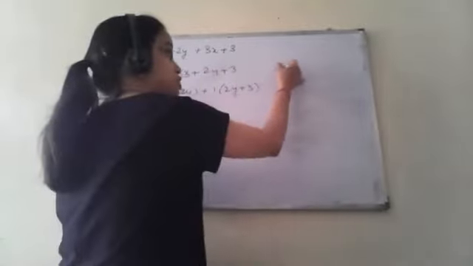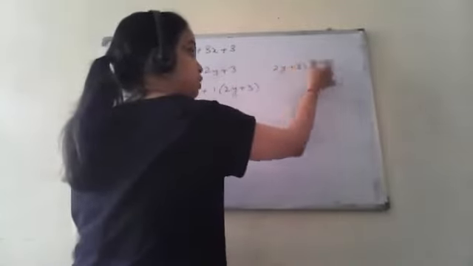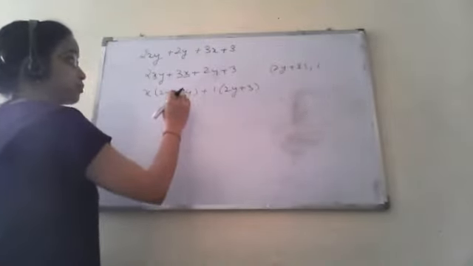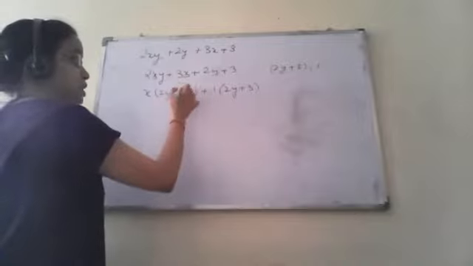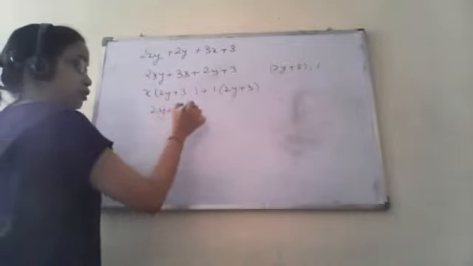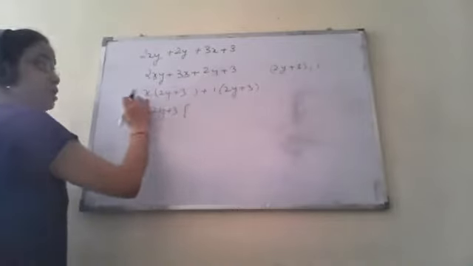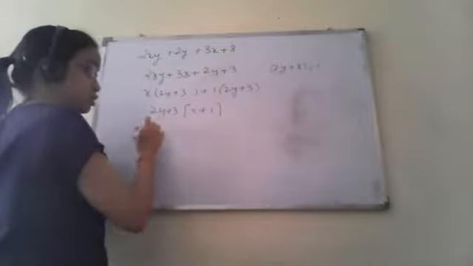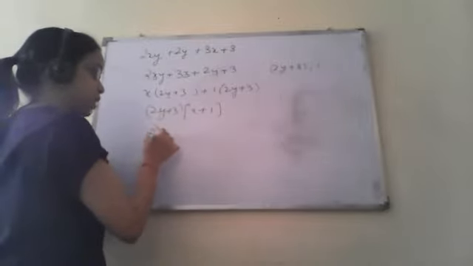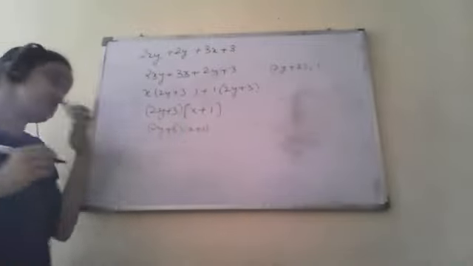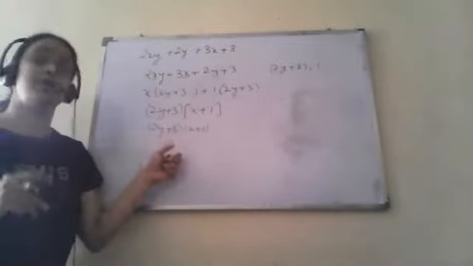Now this 2y plus 3 is common in both the terms, so we can take it out, and from the expressions we have x and 1. So (2y plus 3) into (x plus 1) are the factors of this expression, and they cannot be reduced further.